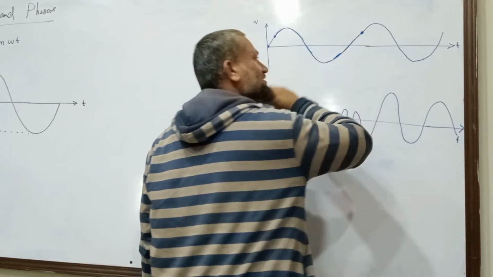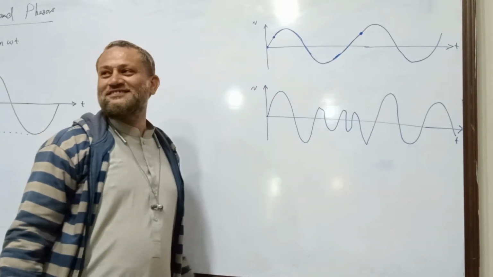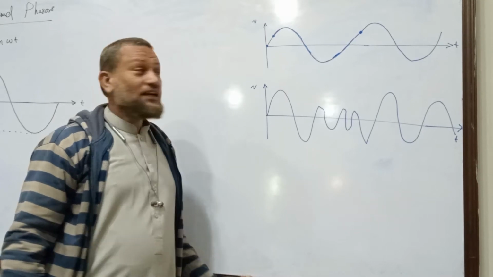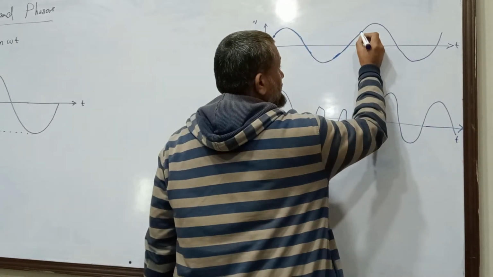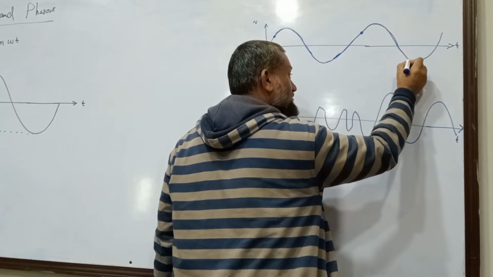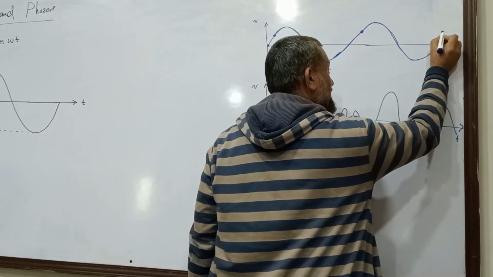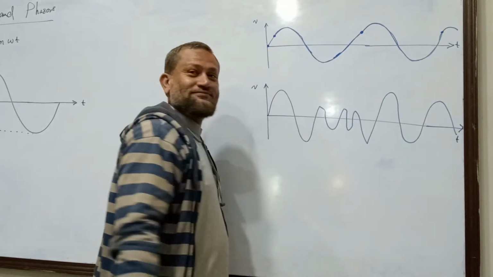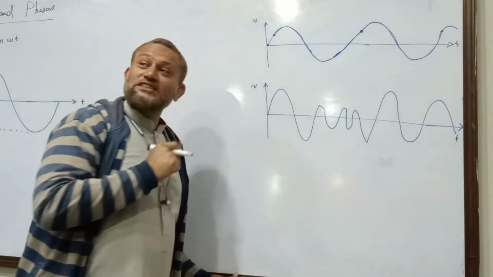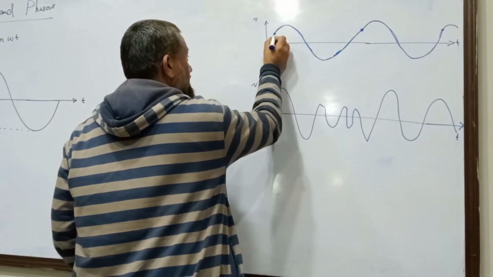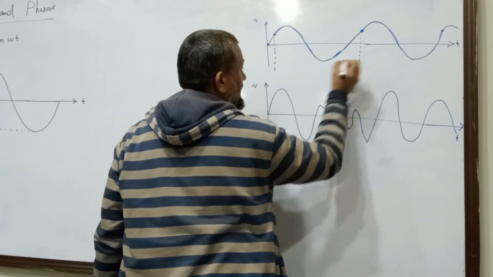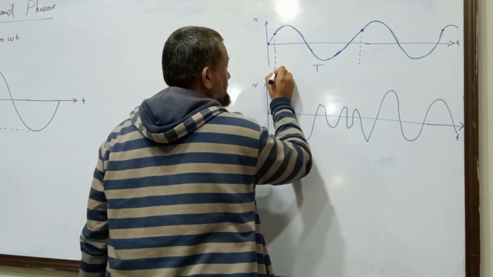Over here I just found the same point, same value and same point. Understand my point? And when you go further from this point, you will find it again over there. So what will be the time period for this wave? You just take this point, and whenever you get it again, that will be the time period for this wave.